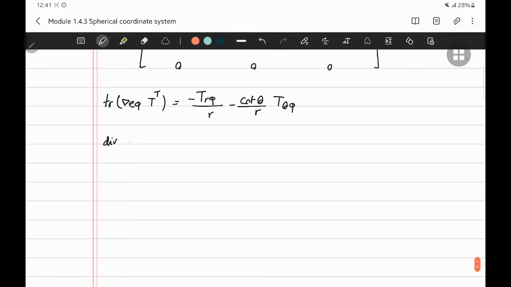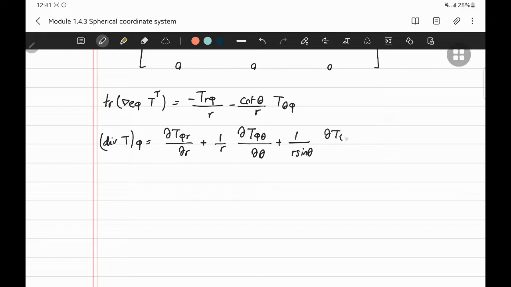So we have the divergence of T, the phi component: partial derivative of T_φr with respect to r, plus 1 divided by r times T_φθ with respect to θ, plus 1 divided by r sine θ partial derivative of T_φφ with respect to φ, plus 2 times T_φr divided by r, plus T_φθ cotangent θ divided by r, plus T_rφ divided by r plus cotangent θ divided by r T_θφ.